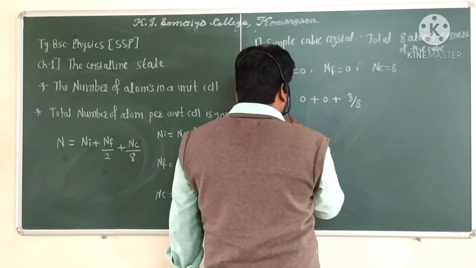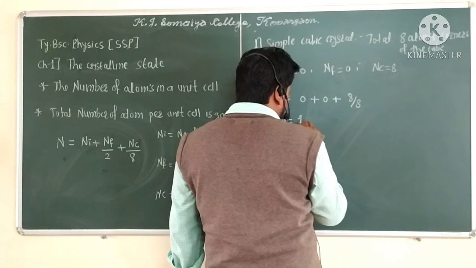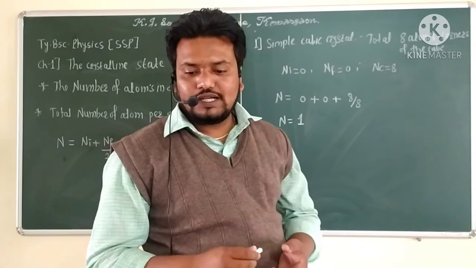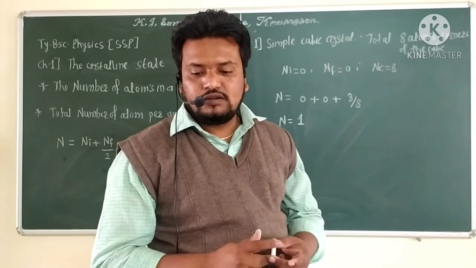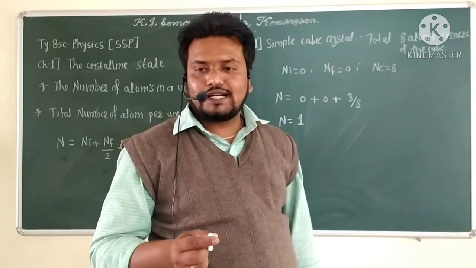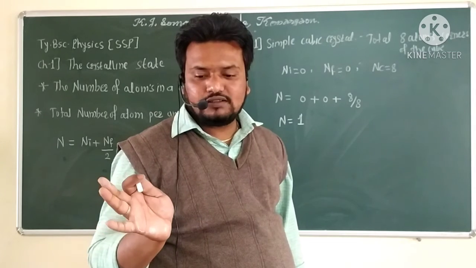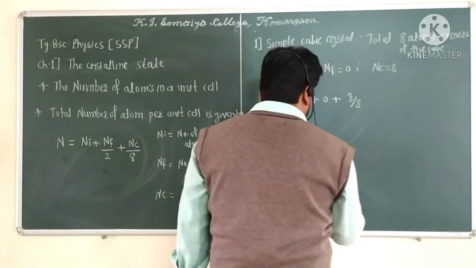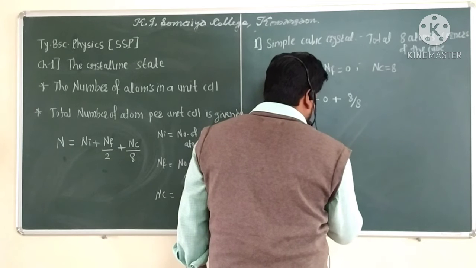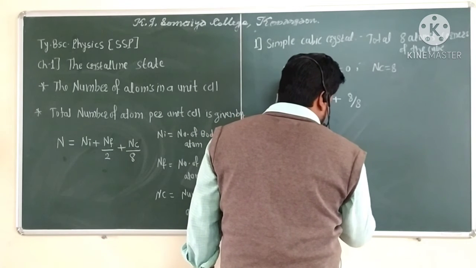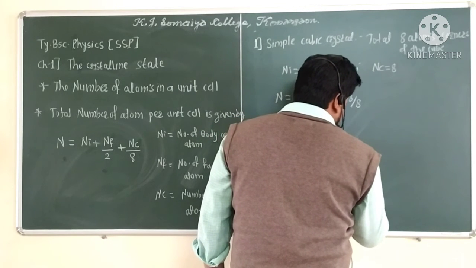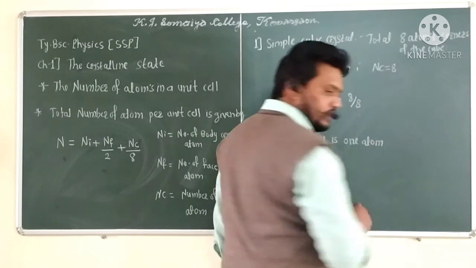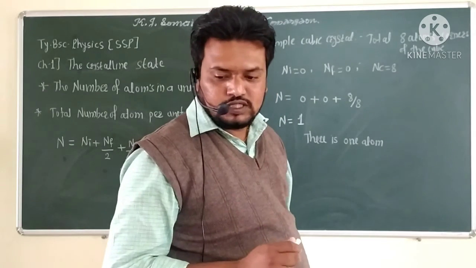So N is equal to how much? 1. So we can say that for such a crystal there is one atom in each cell. There is one atom in each cell in simple cubic structure.